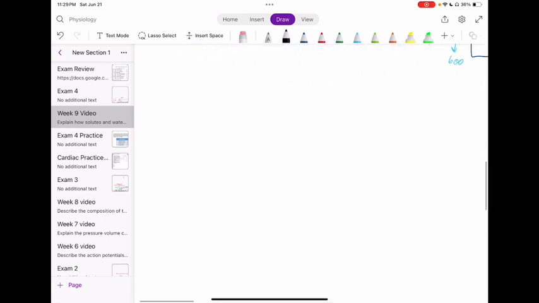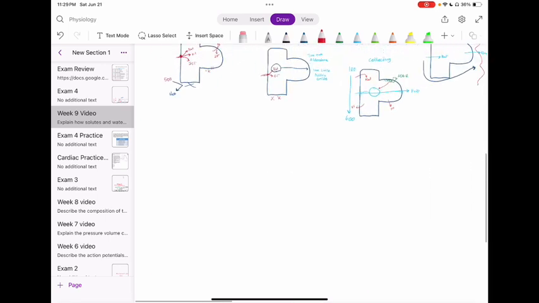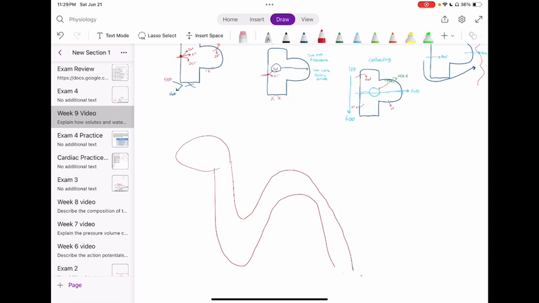Alright, and the last thing we're going to talk about here, I'll draw this again. Down, comes up, comes back down. So we have different concentration gradients coming across here. The other thing we have is a blood supply that comes down, up, around.